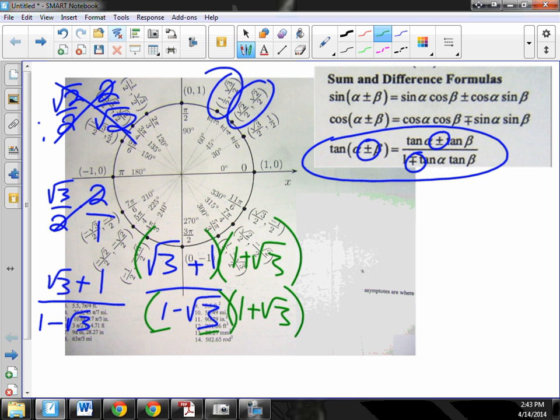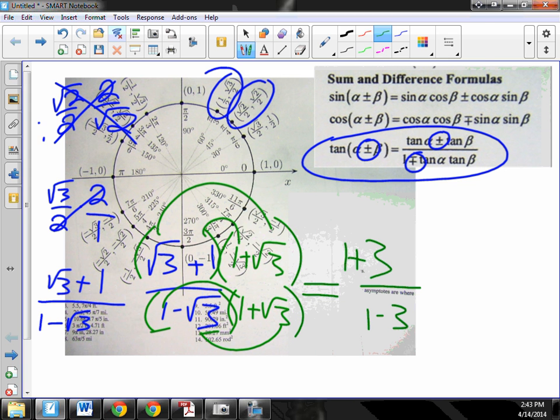Okay, the denominator is really simple because they're conjugates. First times first is 1, and then second times second, negative root 9, which becomes negative 3. And then on top, we have 1 plus 3.